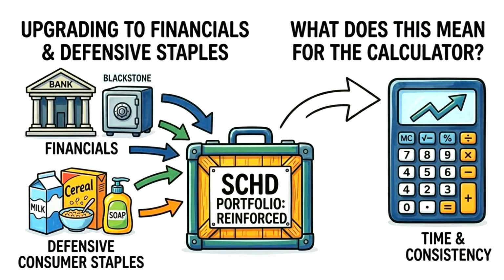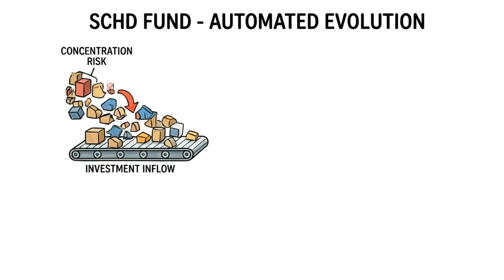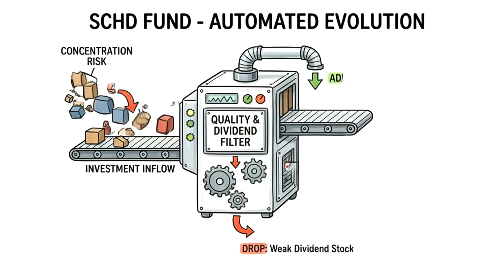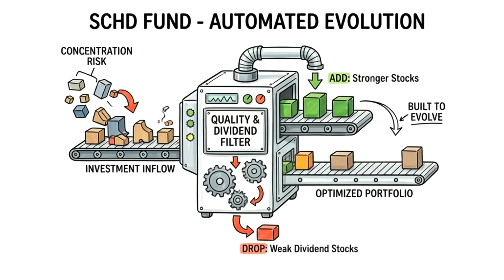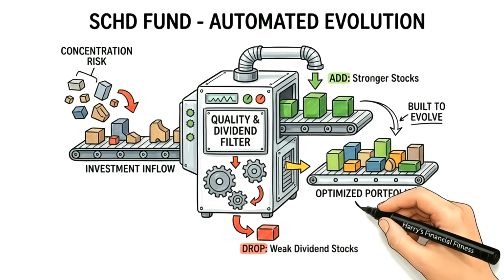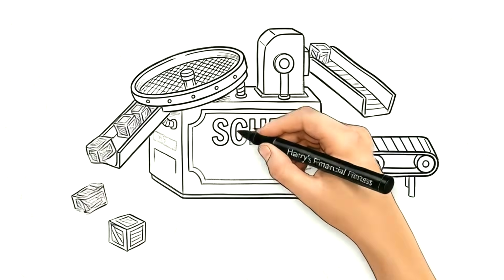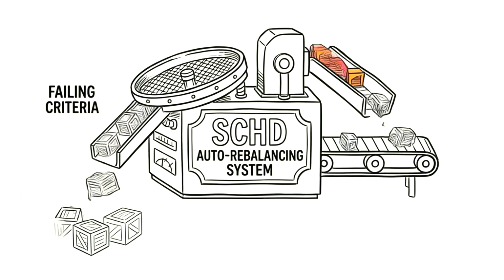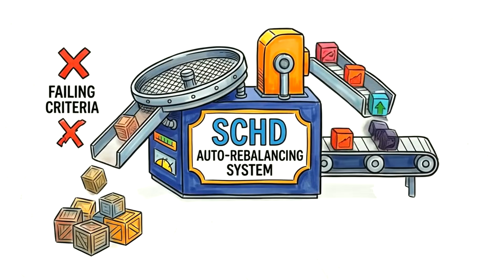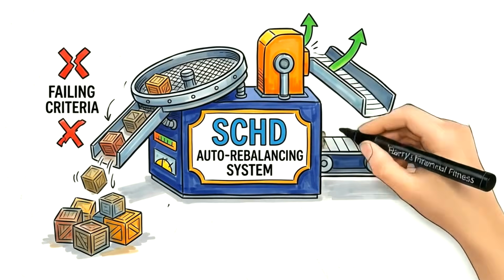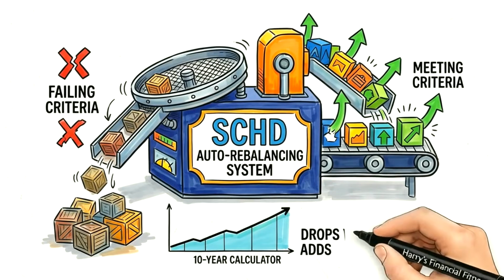What does this mean for the calculator? It means SCHD is actively managing concentration risk without you having to do anything. The fund is built to evolve. Your 10-year calculator doesn't need manual adjustments because the ETF is adjusting itself, dropping companies that no longer meet its quality and dividend criteria and replacing them with ones that do.